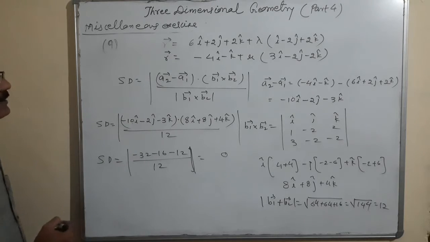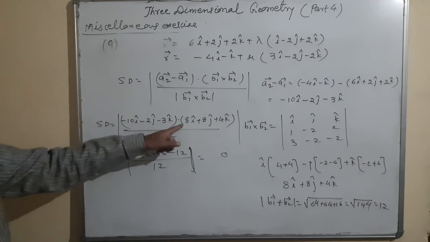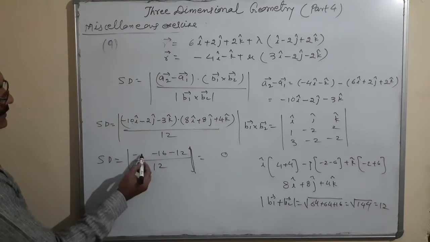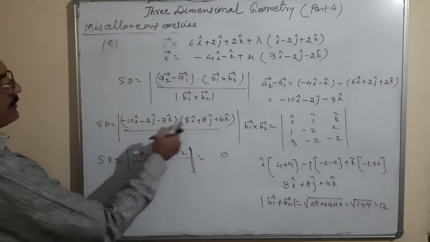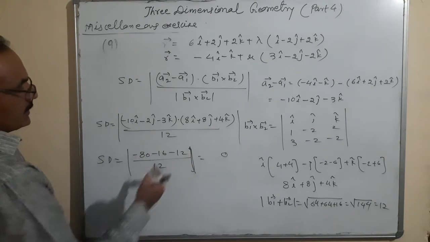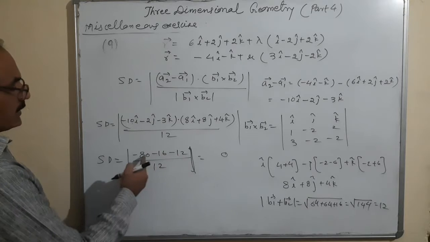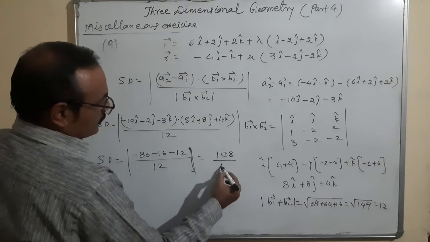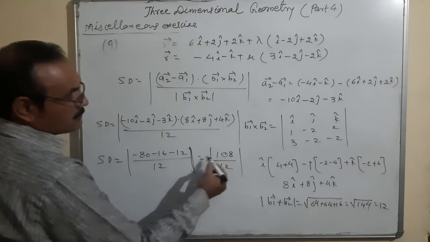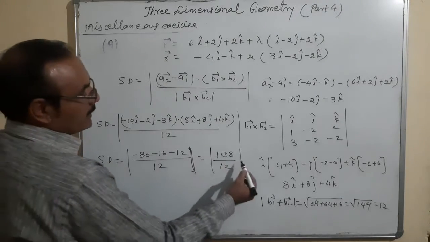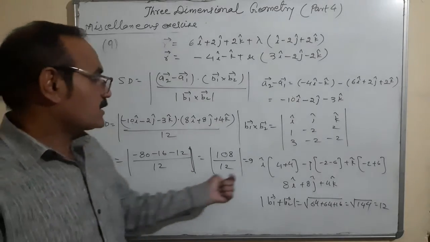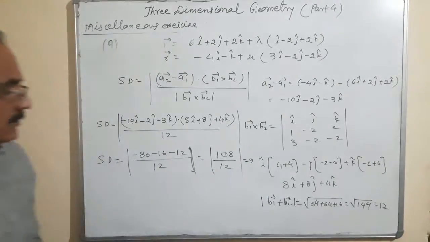Now 10 times 8 is 80, and minus 16 minus 12. So it is 80 minus 28, and 108 upon 12 because it is in magnitude, so the minus sign is not needed here. 12 nines are 108. Therefore, the shortest distance between the two lines is equal to 9.